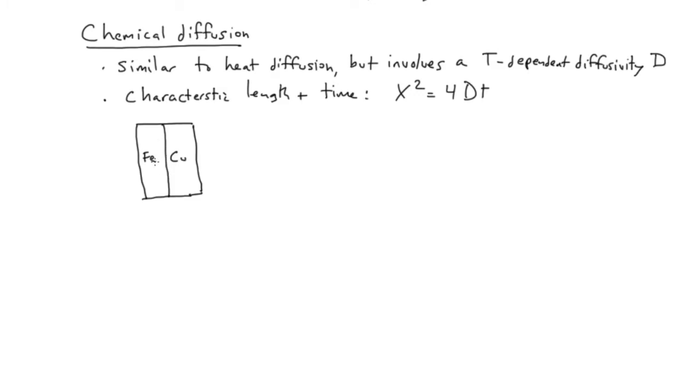Over time, a little bit of copper is going to enter the iron, and a little bit of iron is going to enter the copper, right? The way that happens is the molecules bouncing back and forth, kind of like when we talked about diffusion creep. They mix, and that's going to be highly dependent on temperature. So it's dependent on the material, whether it's copper or stone or whatever, but also on the temperature.